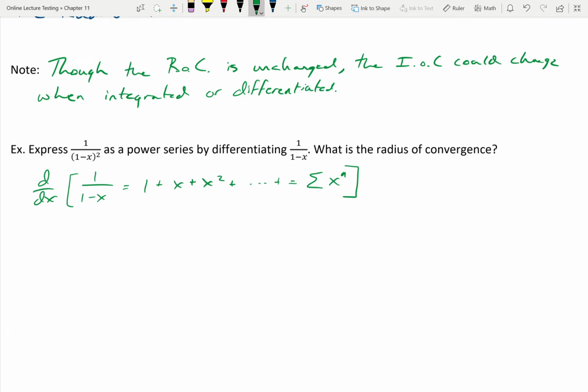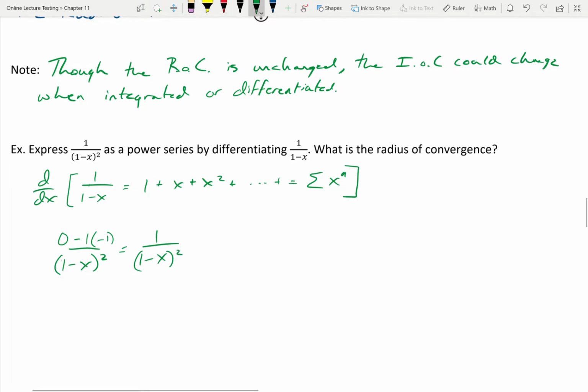All right, so I am going to get the bottom squared. All right, and then bottom times the derivative of the top, that's 0, minus top times the derivative of the bottom, which is negative 1. So we get positive 1 over 1 minus x, the quantity squared.